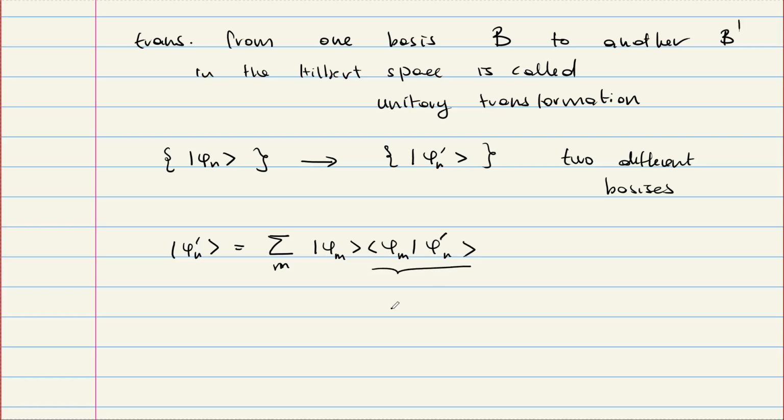And you can see this is like a two-index object. It is like a matrix, and I'm going to call this U, N, M complex conjugate. Therefore, this U, N, M is going to be defined by phi n prime, phi m.